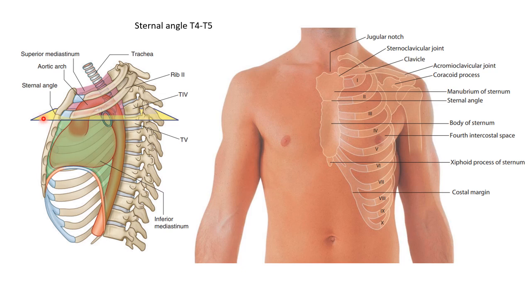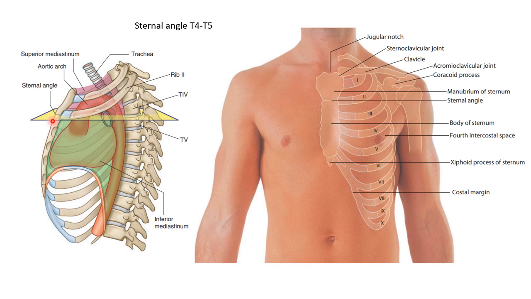On the other hand, if we go posteriorly and draw an imaginary plane from the sternal angle transversely to the posterior part, the level of the sternal angle corresponds to the intervertebral disc between the fourth and fifth thoracic vertebrae. It is very important to memorize this, because at this plane many events will occur inside the thoracic cavity.